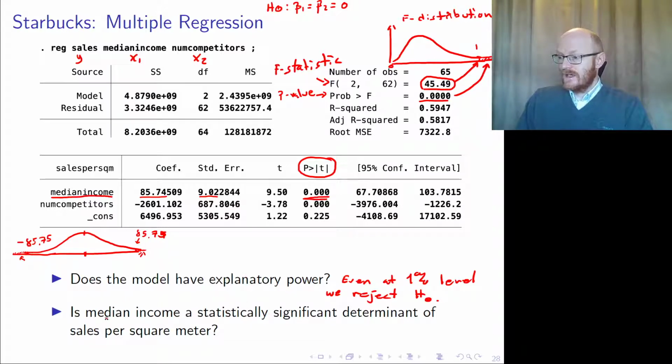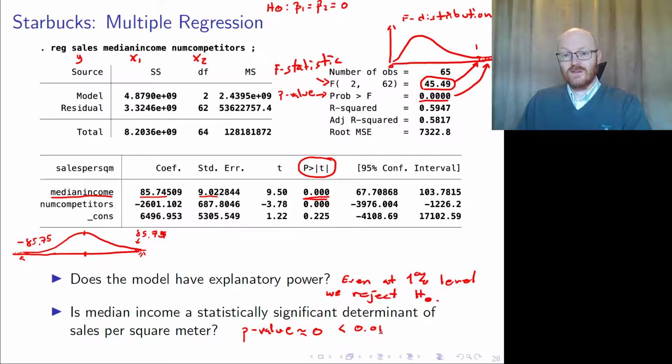So, is median income a statistically significant determinant of sales per square meter? Yes. So we can say that the p-value is very close to 0, which is lower than 0.01.